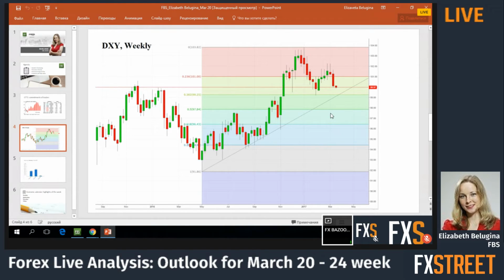This is the previous Fibonacci level, 23.6% Fibonacci retracement of the dollar's advance from March 2016 to the end of 2016, beginning of 2017, and also 101.50 is the last resistance level, which should keep the US dollar under pressure in the coming days.